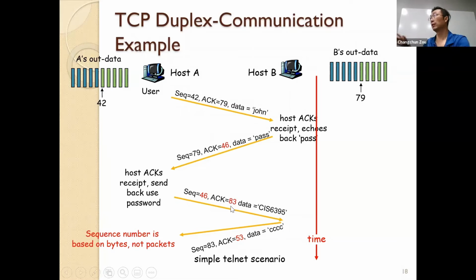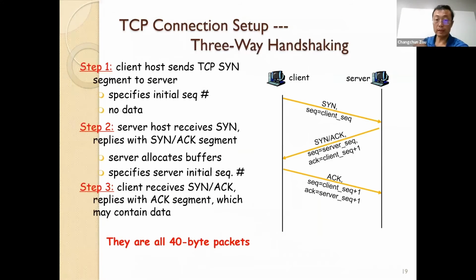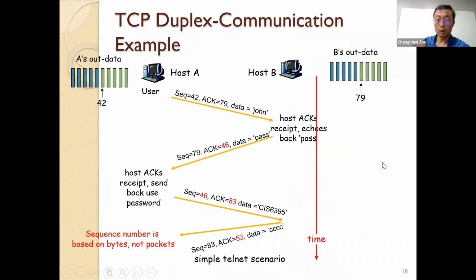So host B will send data, because here the data communication is very smooth. There's no error or packet drop. So host B will send 83. So this first character C is in position 83.